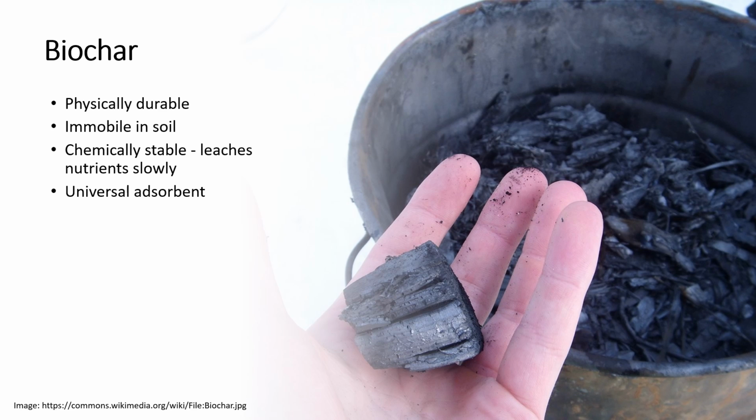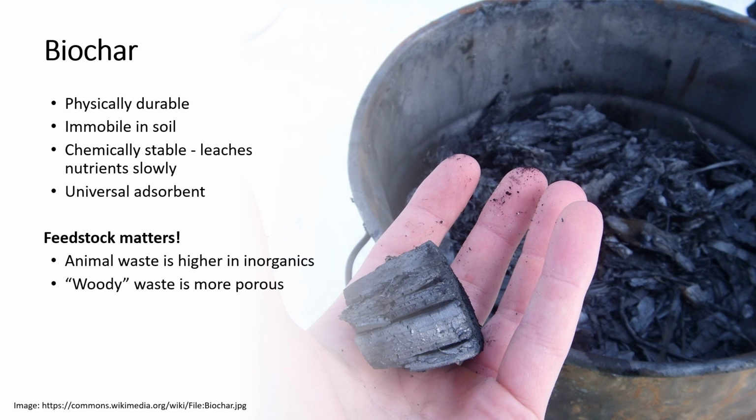It's also chemically stable, so it leaches the nutrients slowly. Essentially, it acts as a slow-release fertilizer. And it's also known as a universal adsorbent because of its high surface area. So it has the potential not only to release nutrients slowly, but also to absorb excess nutrients that are in soil.